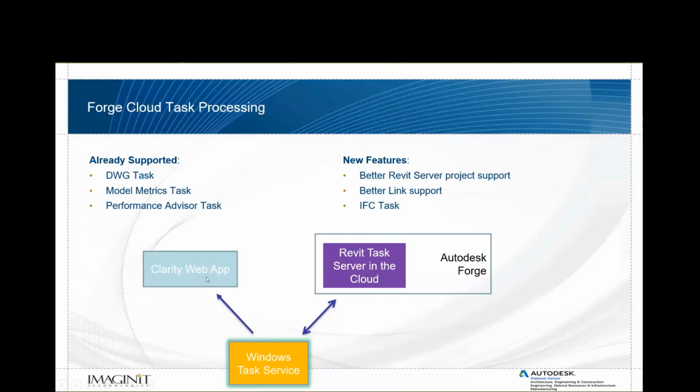And so we orchestrate that via Clarity and the Windows Task Service. There's a variety of tasks that we already supported, where we could say, I want to send this kind of job up to be processed in the cloud. We've added better support for Revit server projects and better support for links between models, and we've added support for IFC tasks to it.